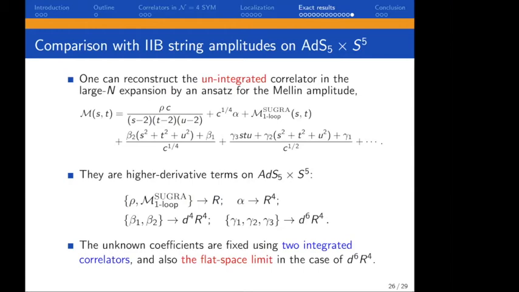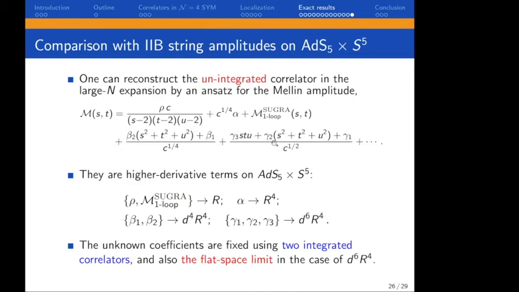The idea was that you can write an ansatz, at least in the large N expansion, for the Mellin amplitudes, and by understanding the poles or the dimension counting, the Mellin amplitude of this 4-point correlator basically should take this form. The first term is supergravity, and this term is R to the 4. This term is supergravity at the 1 loop level, and this term is D4 R to the 4.